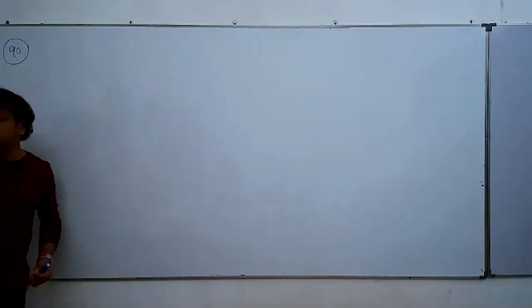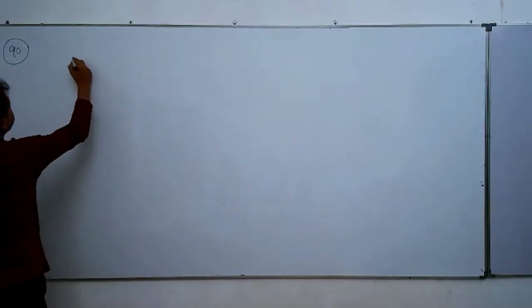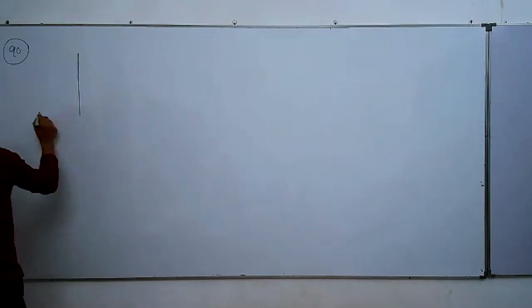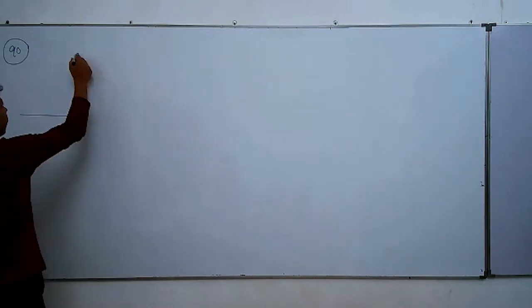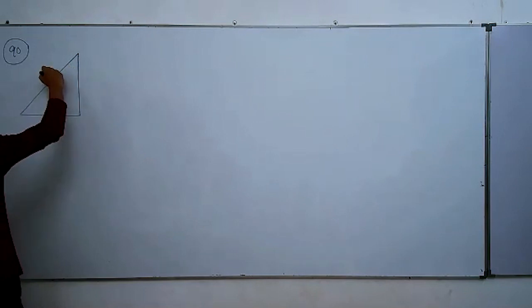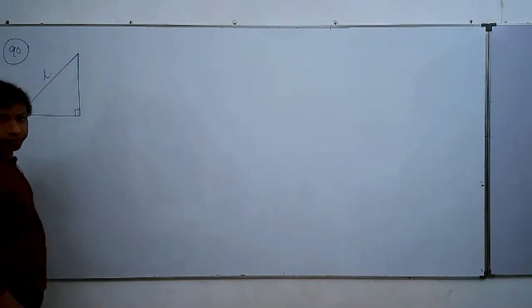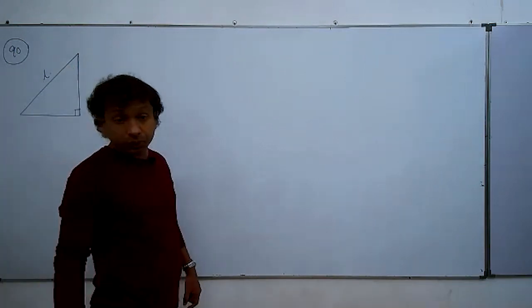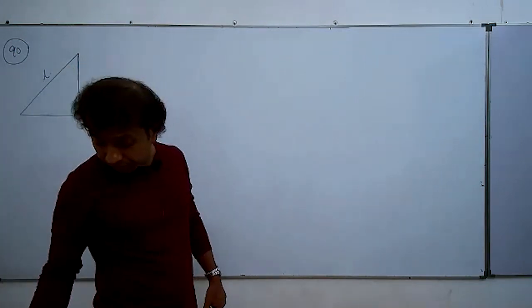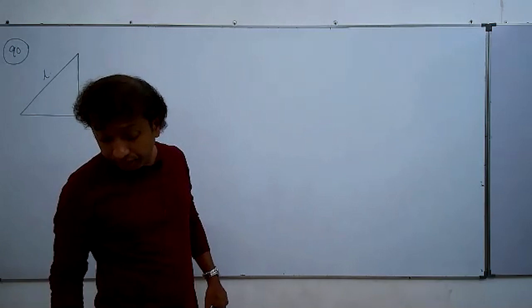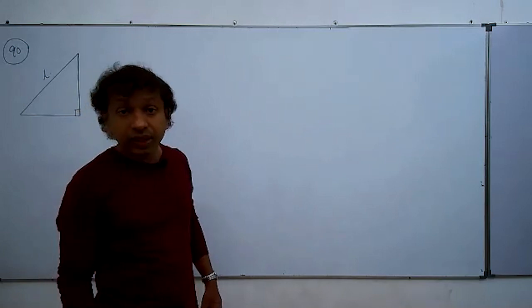Okay. I'm going to take this shape. The right angle triangle, I draw like this, and I take its hypotenuse as L. Right? Then we have to draw the triangle with the given hypotenuse.